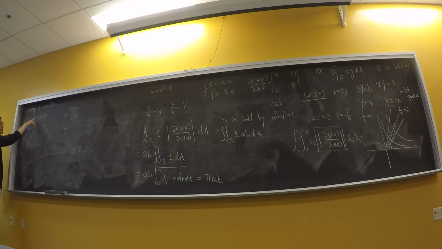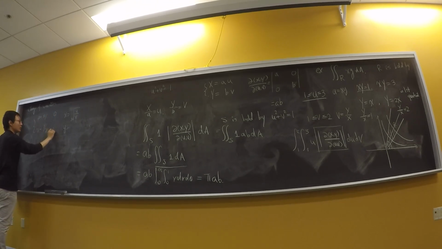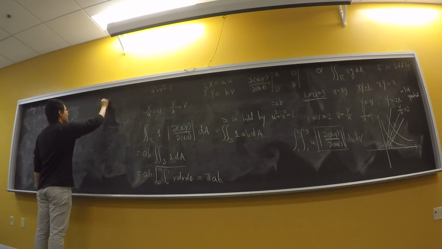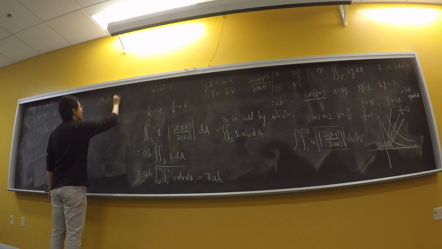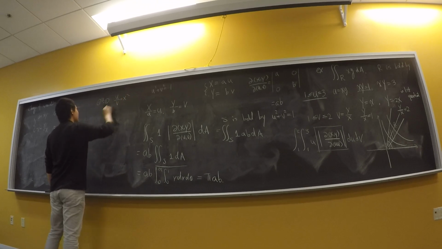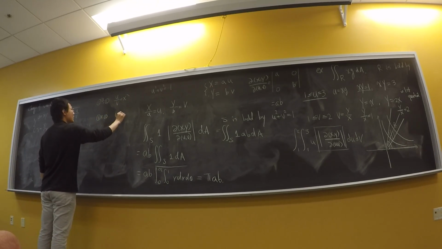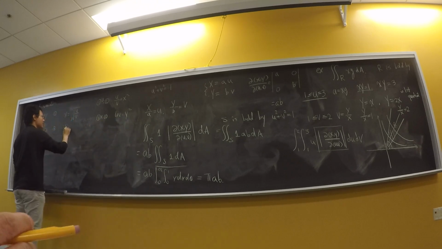So y squared is equal to uv. If you do not see this clearly, dividing the first by the second gives u divided by v equal to x squared, and multiplying them gives uv equal to y squared. So y is equal to the square root of uv.